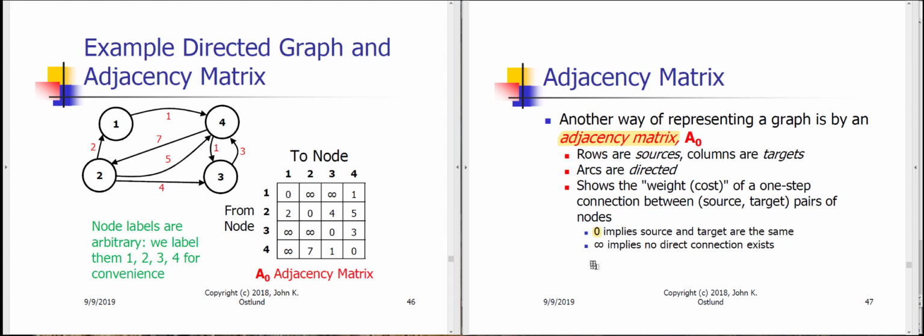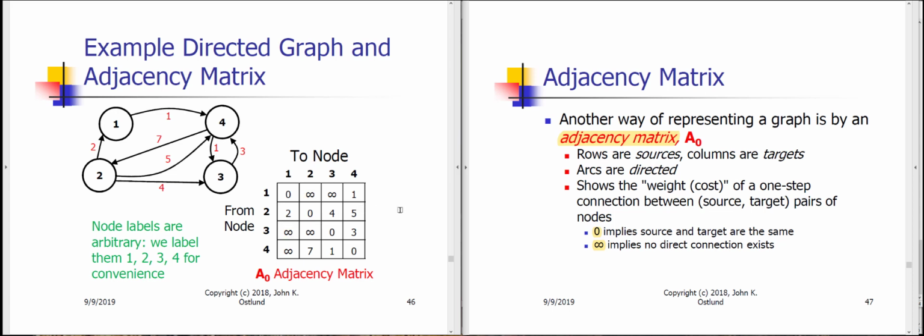If no direct connection exists between 2 nodes, we mark that with an infinite weight. So we cannot get directly from node 1 to node 2. Therefore, if 1 is our source and 2 is our target, we're marking that with an infinite symbol. Similarly, we can't get from node 3 directly to node 1. So we have another infinite symbol there.